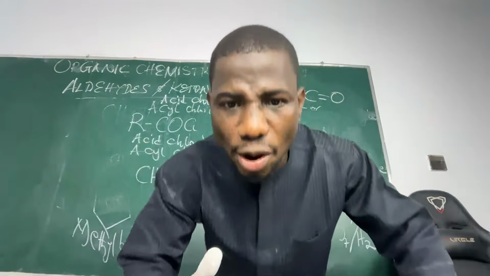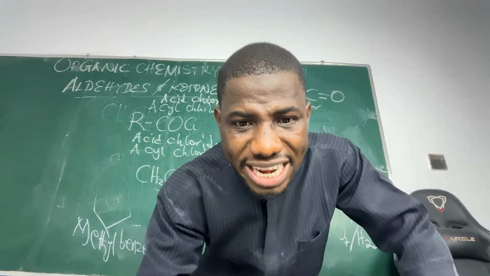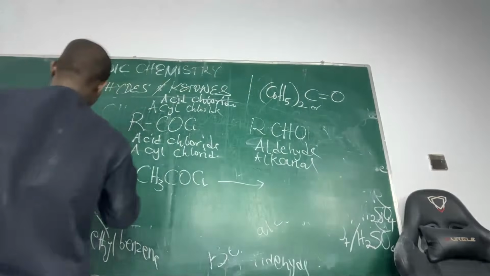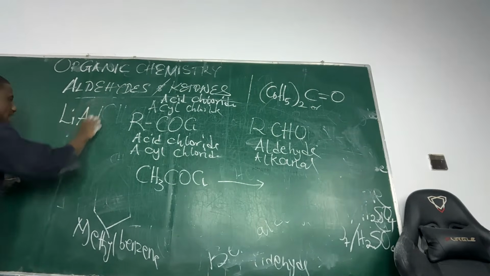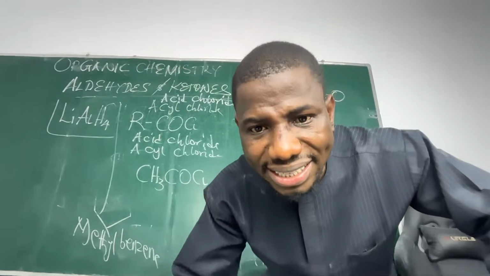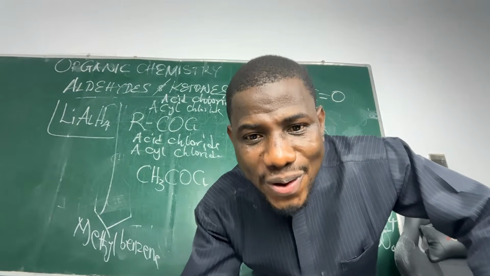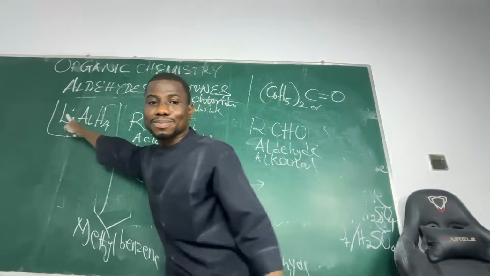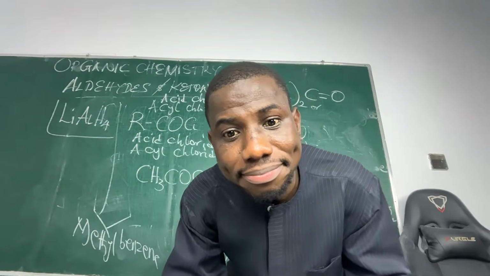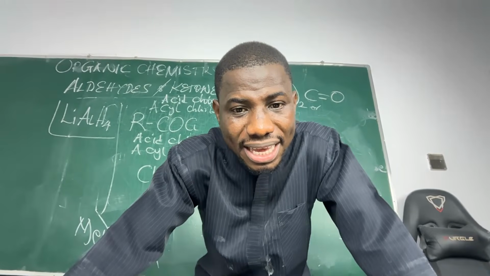sometimes they will use a powerful reducing agent, something like lithium aluminum tetrahydride, written as LiAlH4. Some will say lithium tetrahydridoaluminate(III). Or to avoid problems, you just say lithium aluminum tetrahydride, a powerful reducing agent.